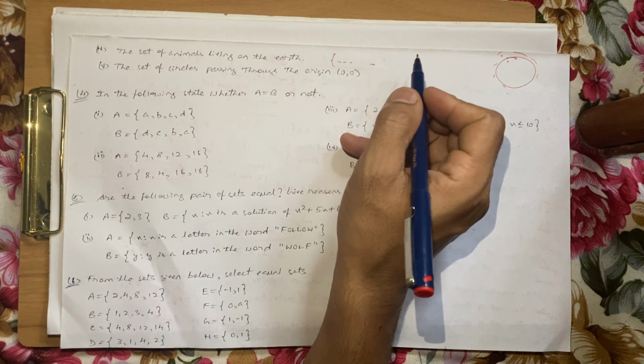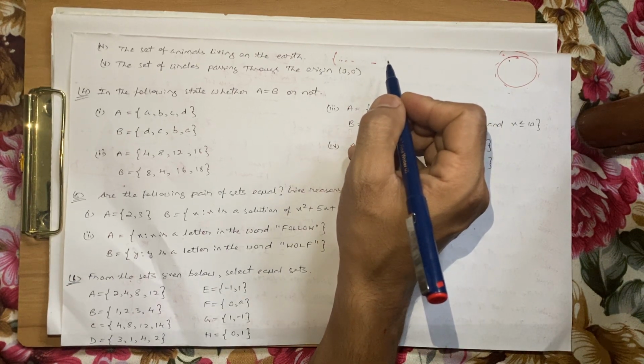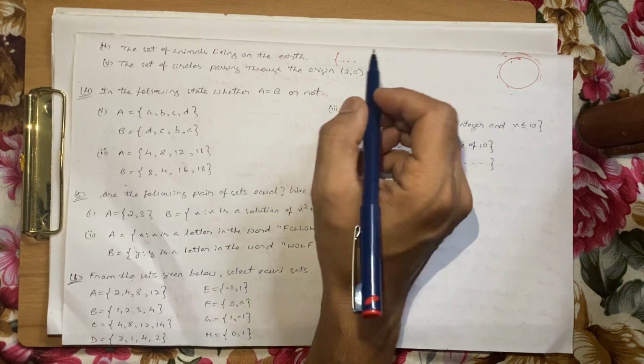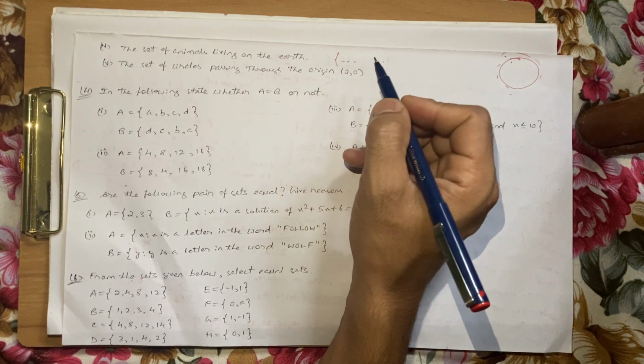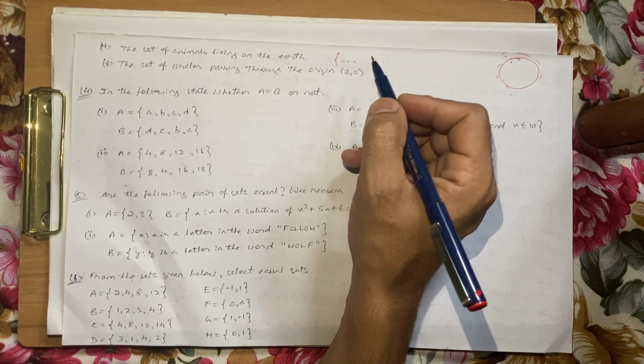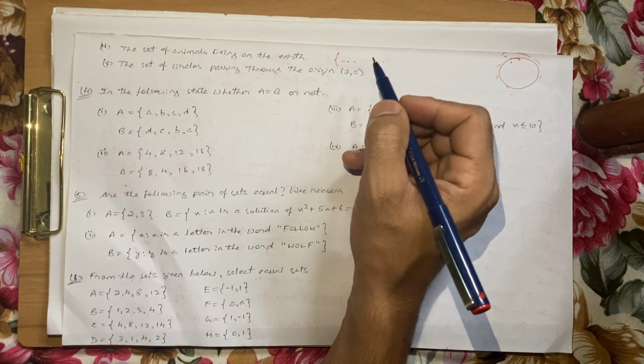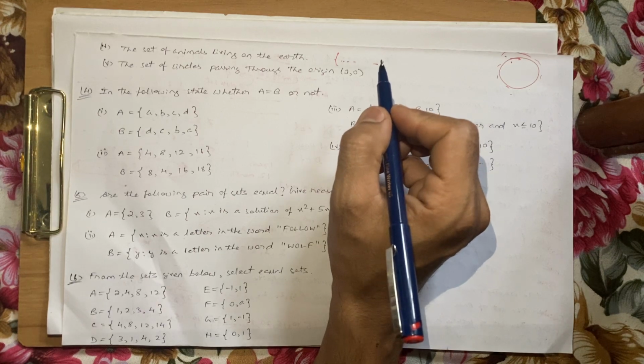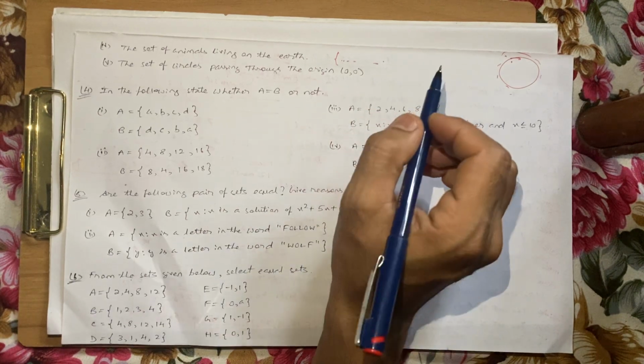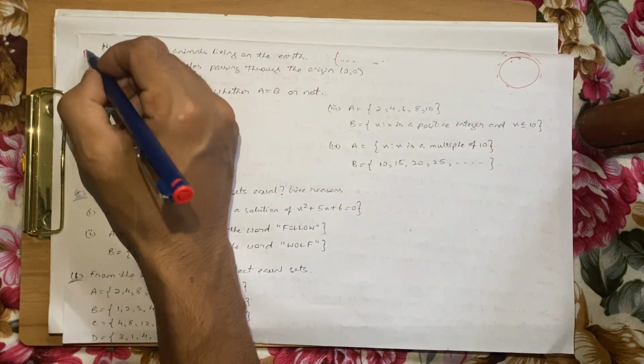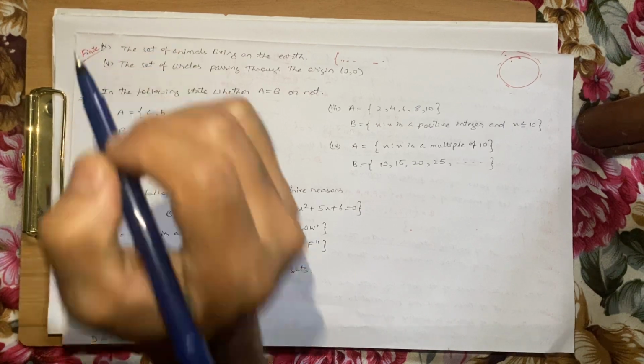But it can be counted, right? Because animals are living organisms, so we can count them. If we deploy a set of people, go count and come back all the animals that are present on this earth, they can count. It will take some time, it will be a very huge number, but yes, it's countable. So this is finite, okay?